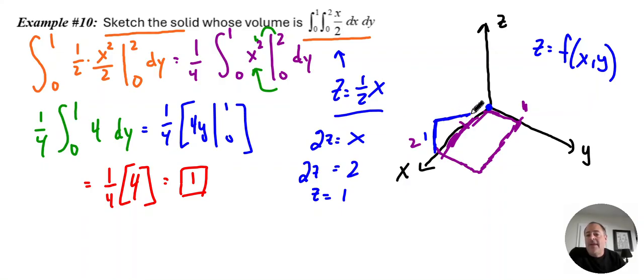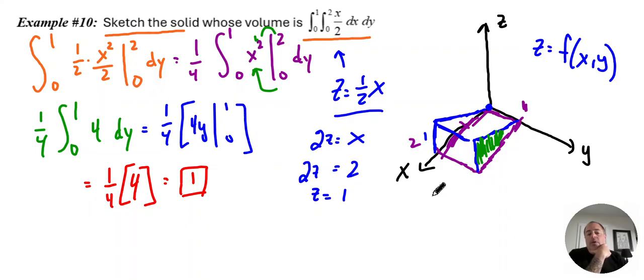Again, it's in the xz plane. So there we go. And then what I'm going to do here is I'm going to replicate this because it's on this rectangle, our triangular prism that you see right there. And so I'm going to look at this triangular prism.